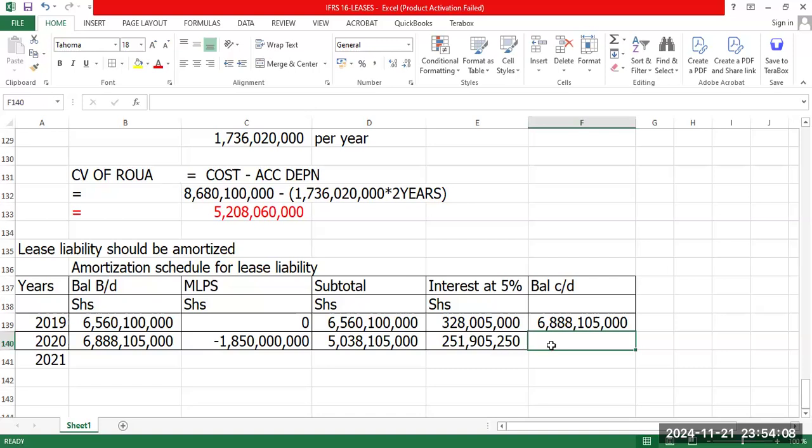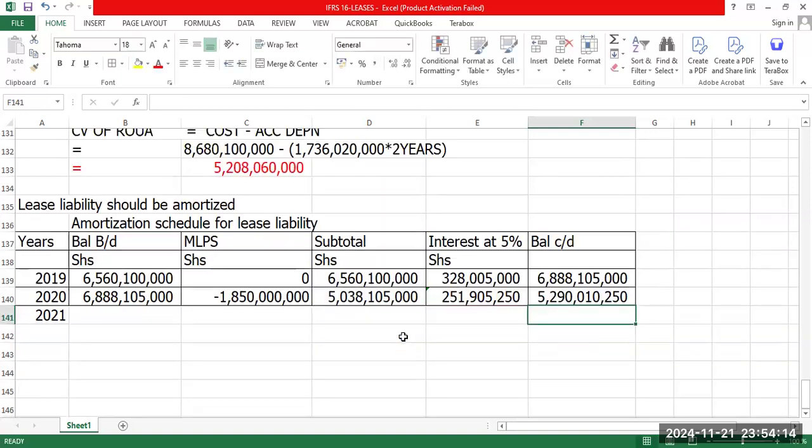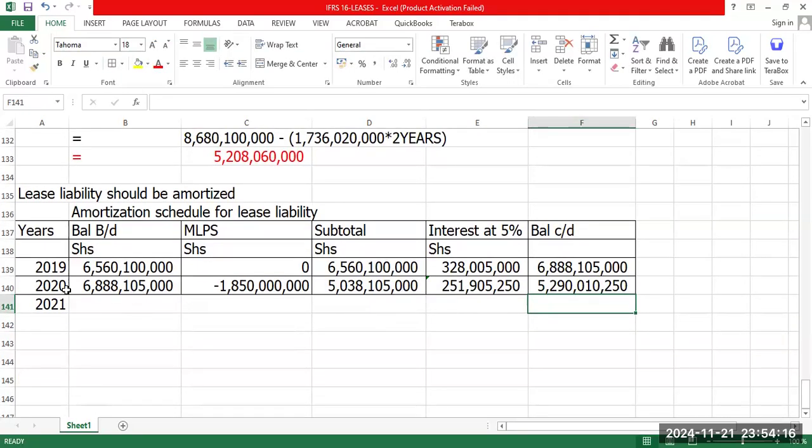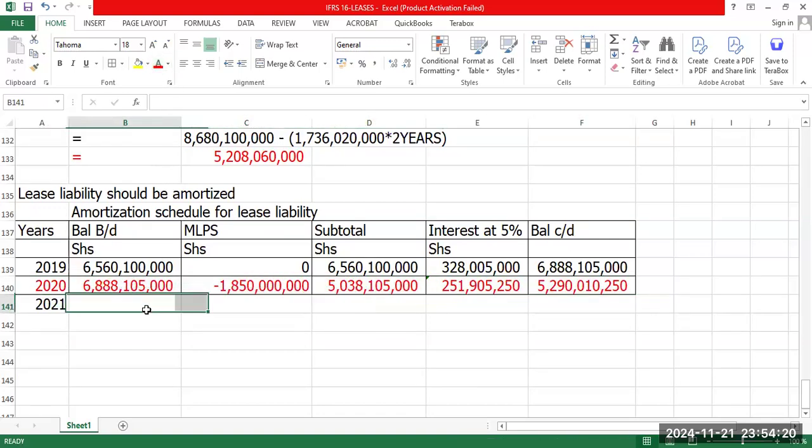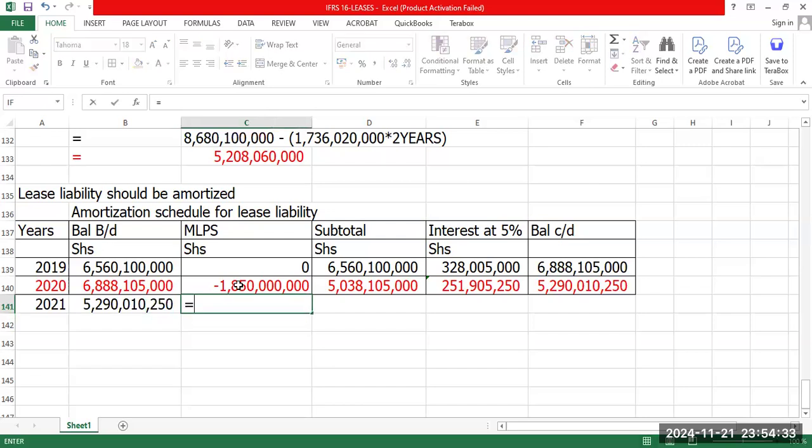Then balance carried down, you get the subtotal plus interest. Remember, this is our reporting period. Okay, so we add another final year. We don't need it to compute up to the last year. Just after reporting period, add 1 year. So minimum lease payment will remain the same.